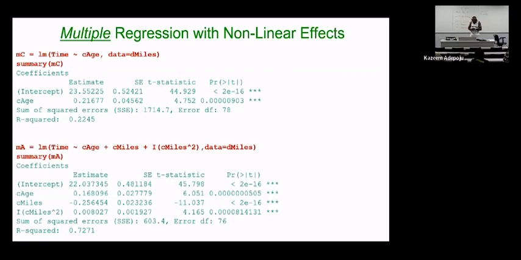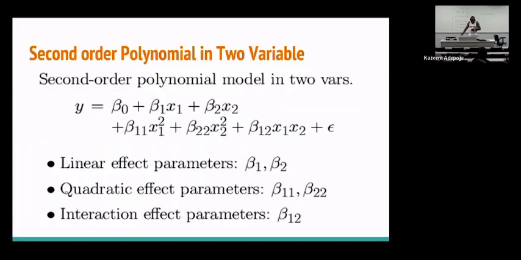Now, with this, we may also want to go further to consider interaction between predictors. But before I do that, I'm first going to show you this. I'm talking about a second order polynomial model in two variables with interaction. The one we've been considering has no interaction.